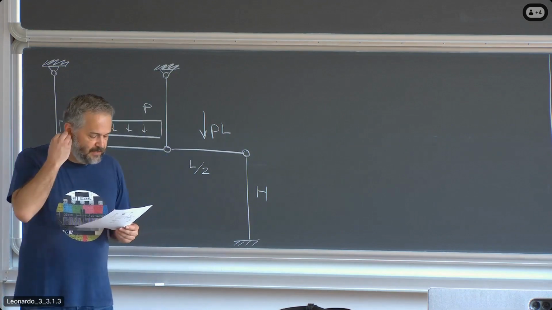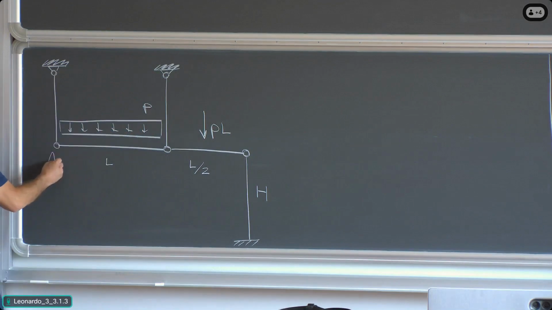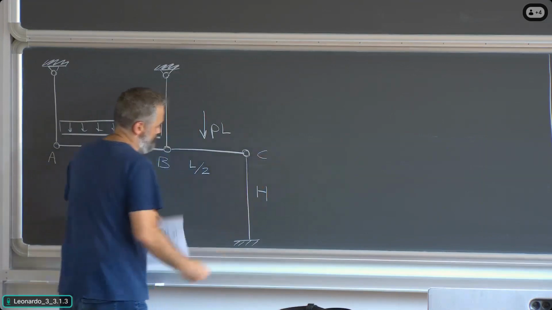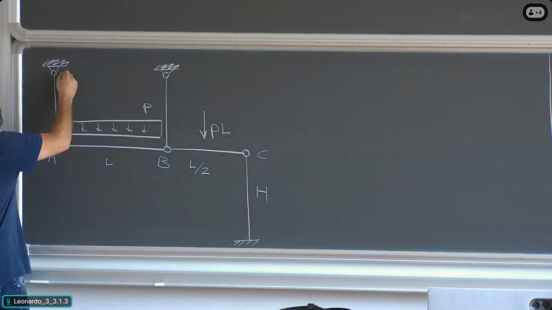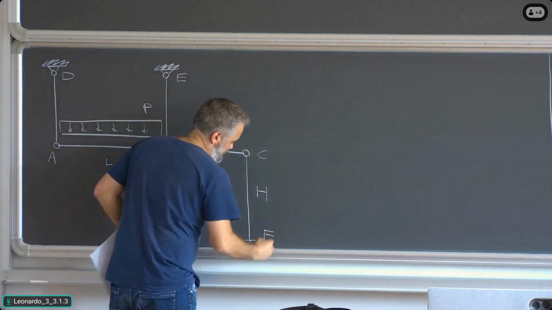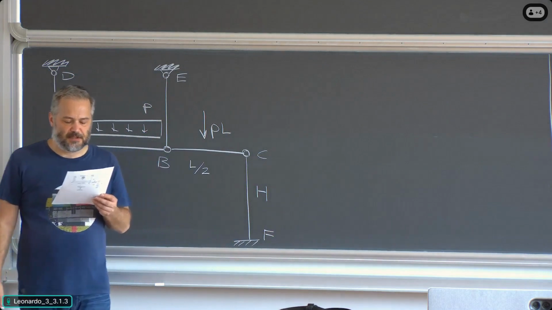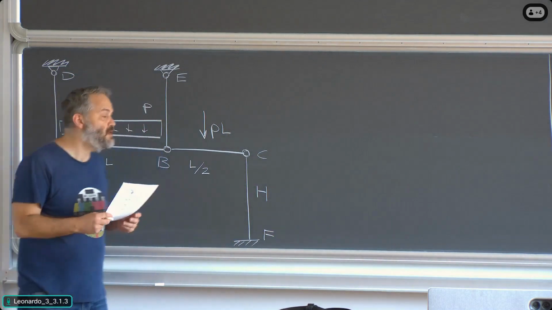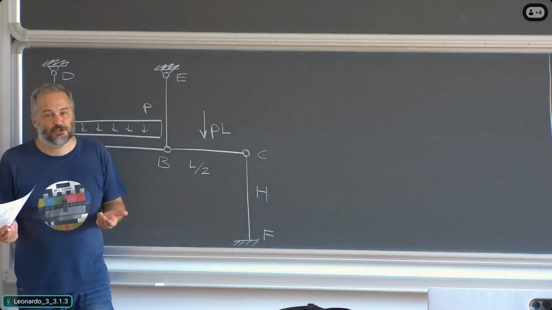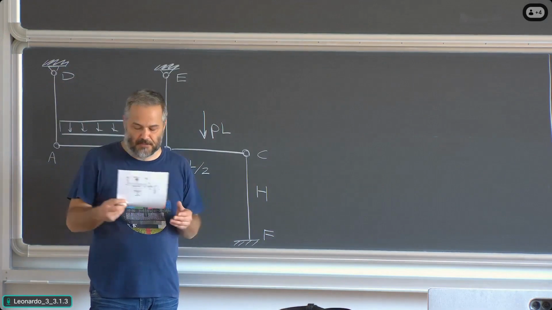As a matter of fact, we have to indicate the points in the frame. This is called A, this is B, and this is C. This is point D, point E, and point F. In the description of the structure, it was written that there are 2 beams, AB and BC, the horizontal members, as we should expect, because usually beams are horizontal members.